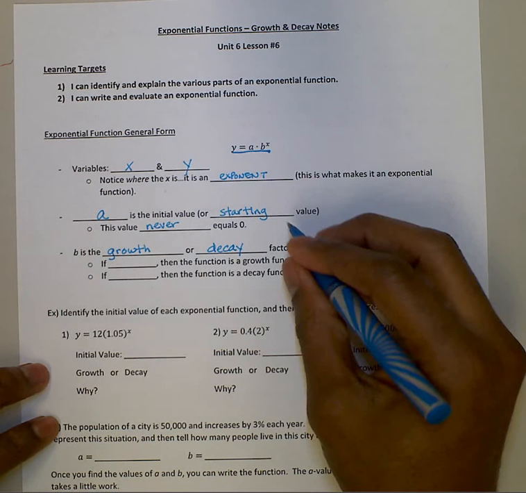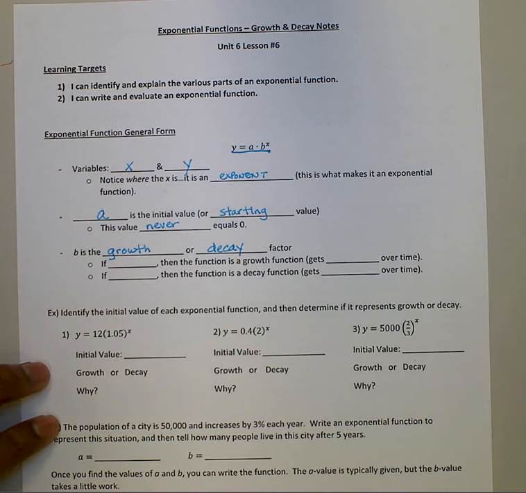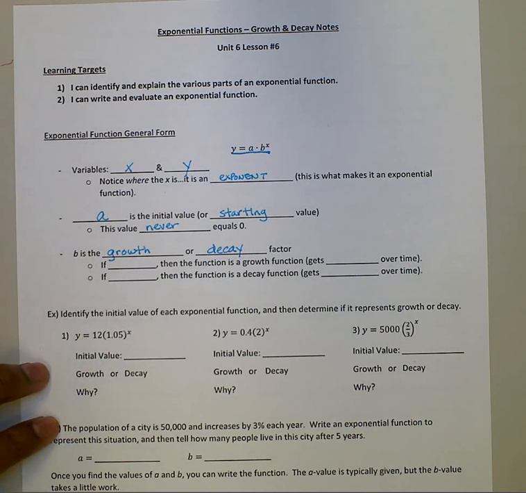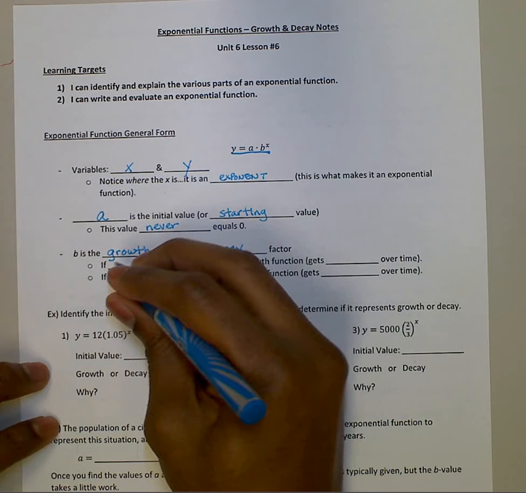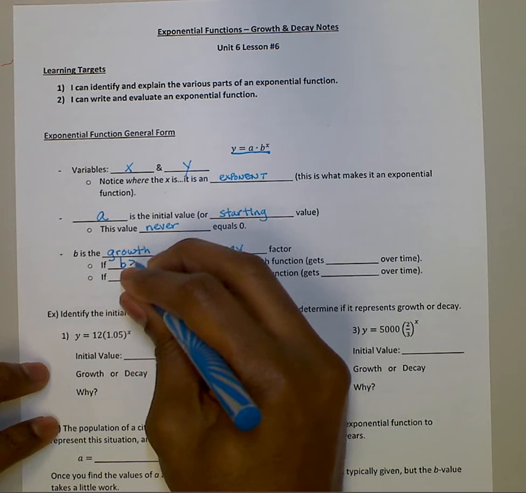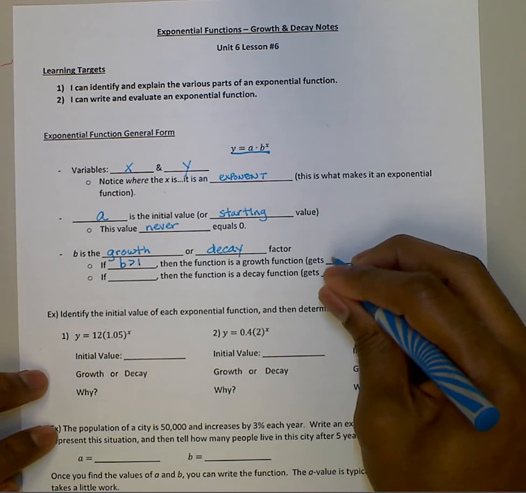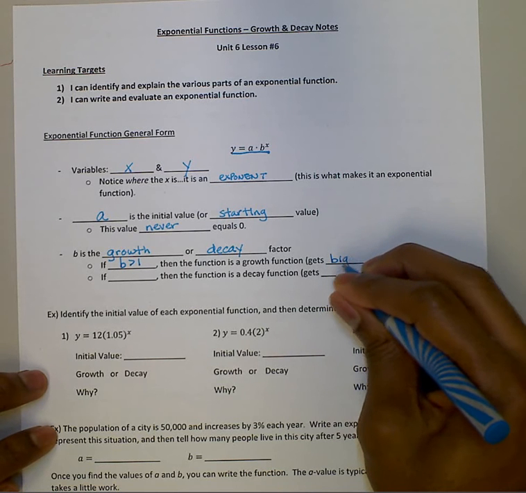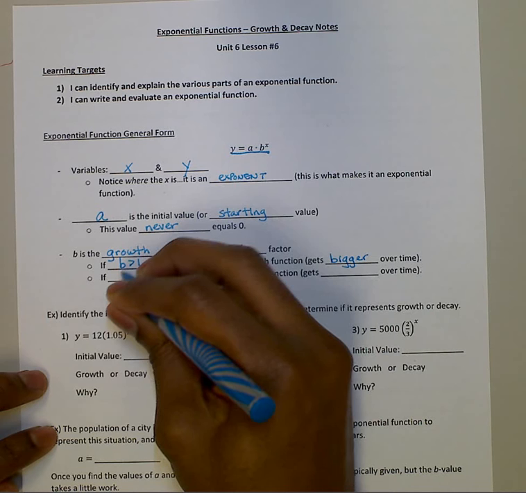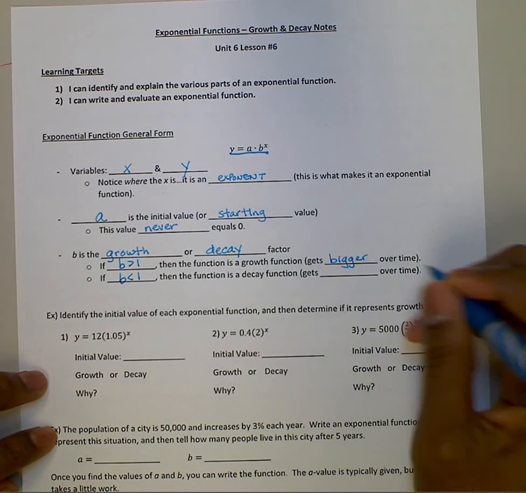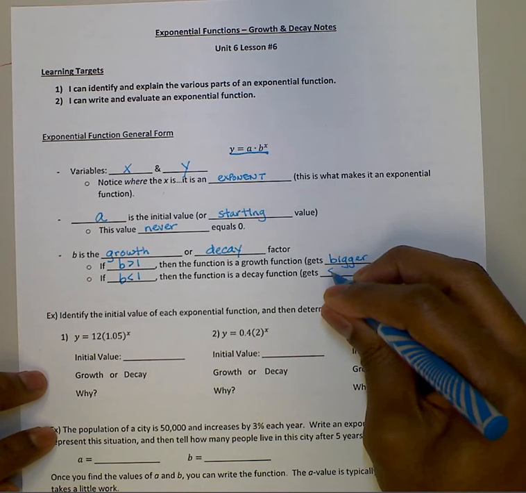It's a little bit more involved than just one number, but we'll deal with that as we get there. Okay, if b is greater than 1, then the function is a growth function. That means it gets bigger over time. If b is less than 1, then the function is a decay function. It means it gets smaller over time.